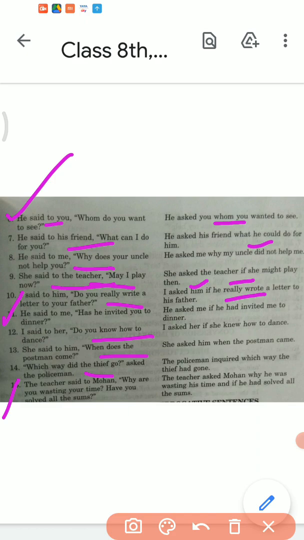And in the last sentence, the teacher said to Mohan, why are you wasting your time? Have you solved all the sums? The teacher asked Mohan why he was wasting his time and if he had solved all the sums.